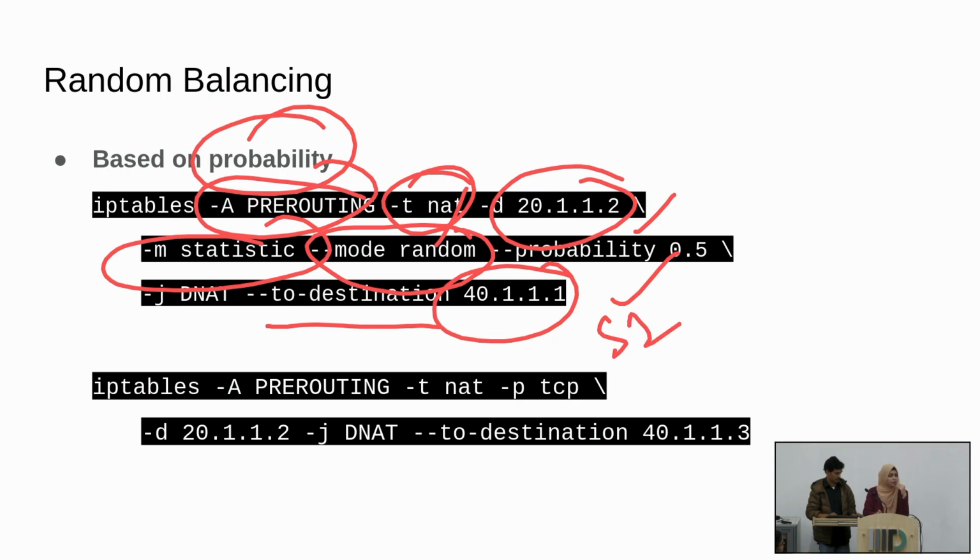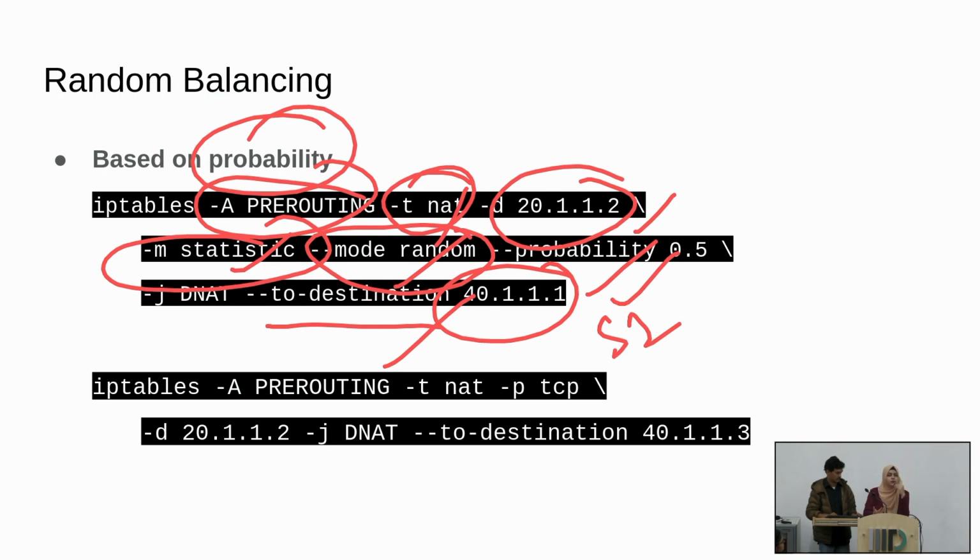The query is a little complex, but I think it is easy to understand. After mentioning the table, the hook and the destination, we just specify the module, the mode to work in, and the probability we want for a particular server to receive the traffic, and finally divert the traffic to that particular destination.